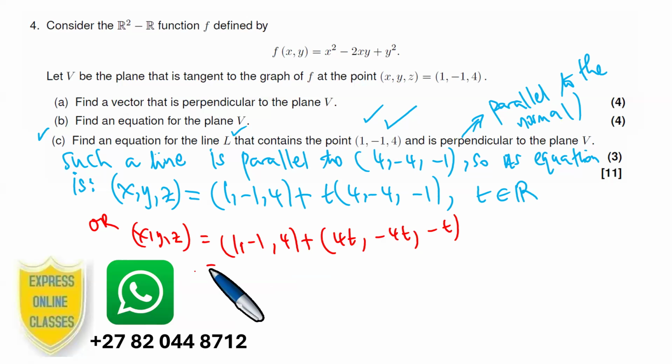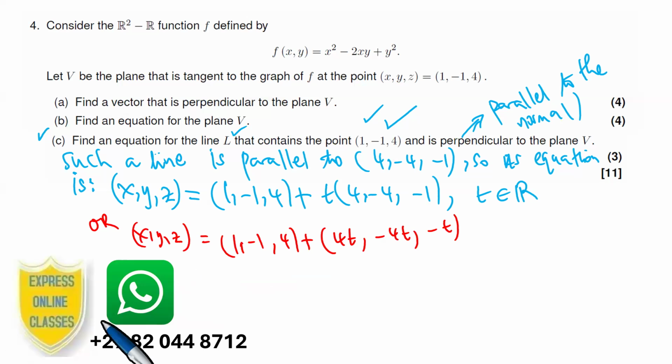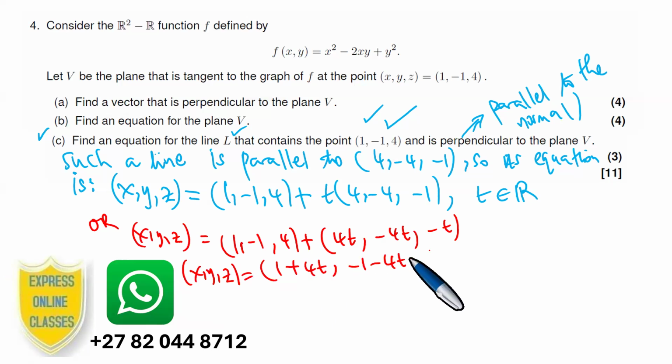So you can multiply everything like this, and then x, y, z becomes 1 plus 4t, minus 1 minus 4t, 4 minus t, t in R. Which means that you can say the equation of the line is given as these particular parametric equations.